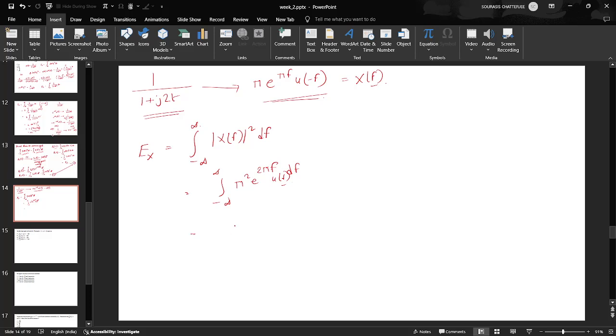So this integral is valid from, since it's minus f, minus infinity to 0, pi square would be outside, e to the power 2 pi f df, and here we'll have pi square divided by 2 pi e to the power 2 pi f between minus infinity and 0.